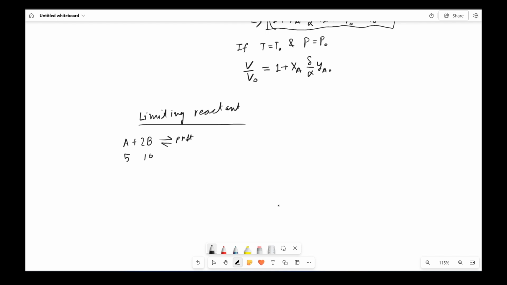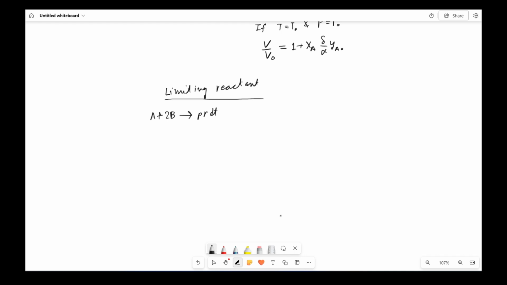After completion of the reaction, A will be 0 and B will be 10 minus 5 into 2, which is also 0. So in both cases it is 0 and 0, and we can choose any one as the limiting reactant and define the conversion of that species.